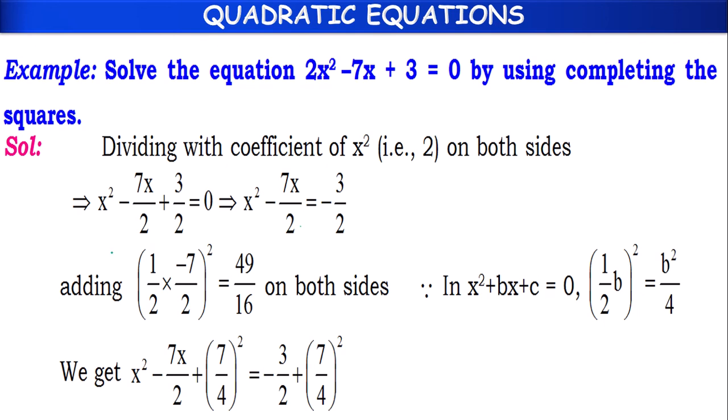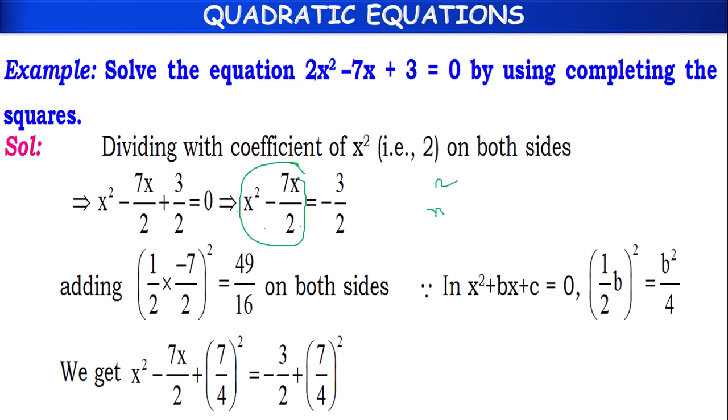But this one is not in the form of a square. Suppose here we have x square.